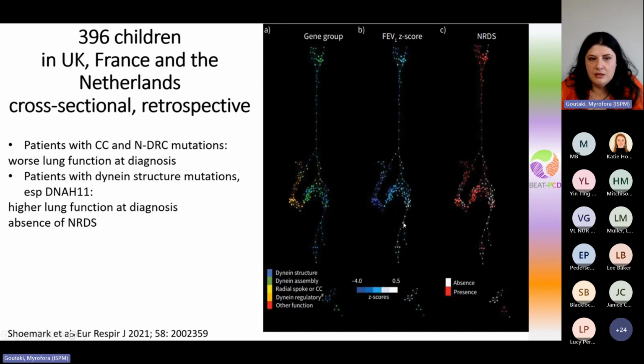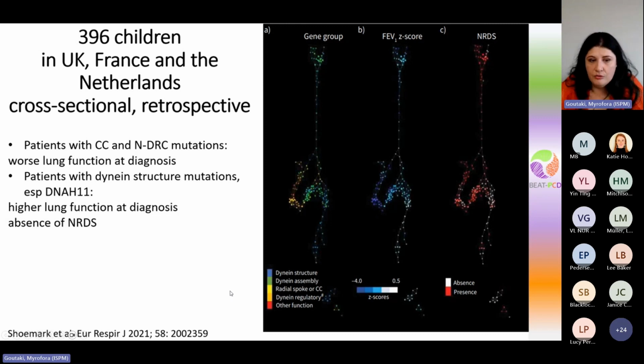You can see here that patients with central complex and dynein arm regulatory complex mutations had much worse lung function, FEV1 score, in comparison with the other patients.